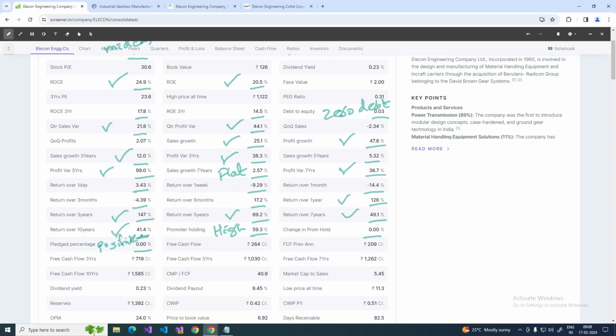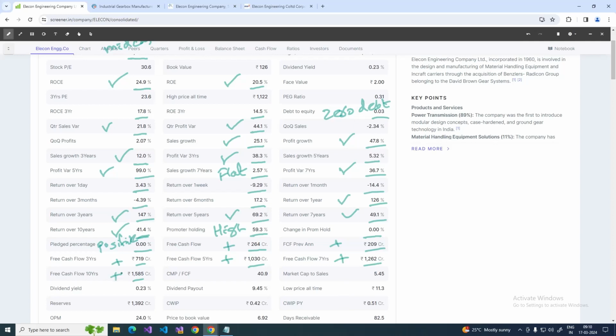Now see free cash flows. So here current free cash flow is 264 crores. This is a positive sign. Here 209 crores. This is also positive. And free cash flow 3 years is also positive. Free cash flow for 5 years 1030 crores. This is also positive. 7 years 1262 crores. And 10 years here 1585 crores.